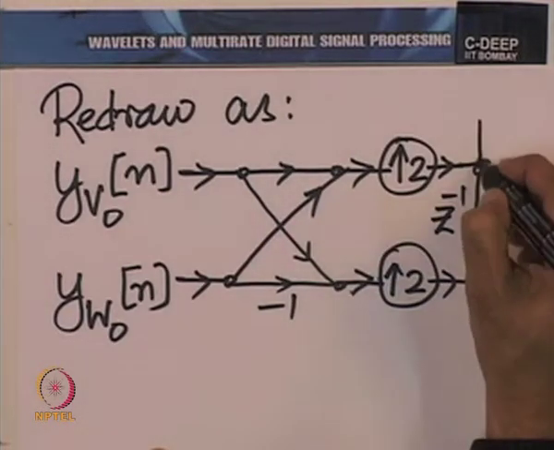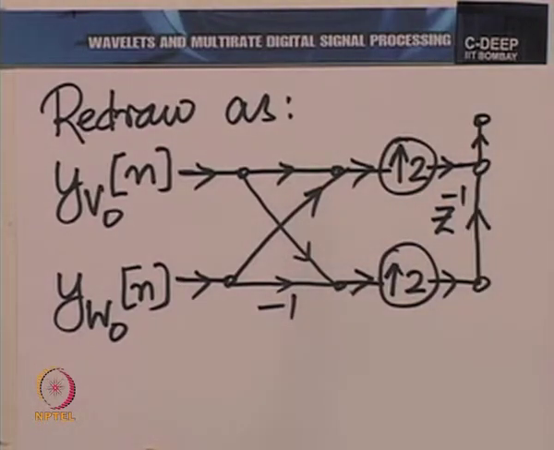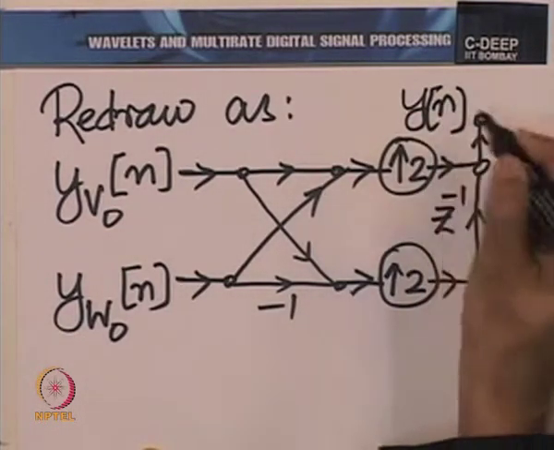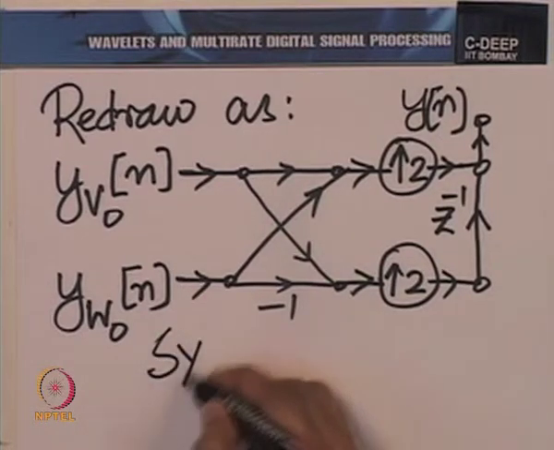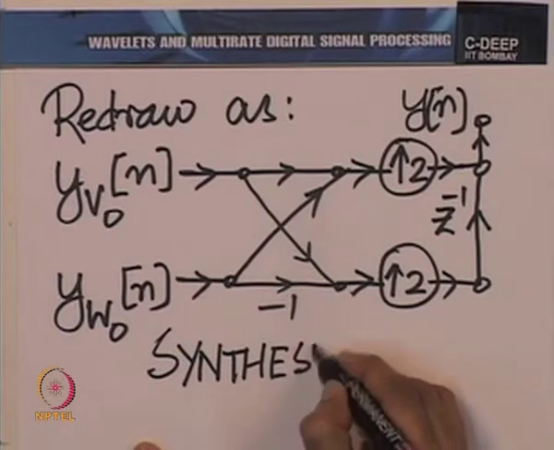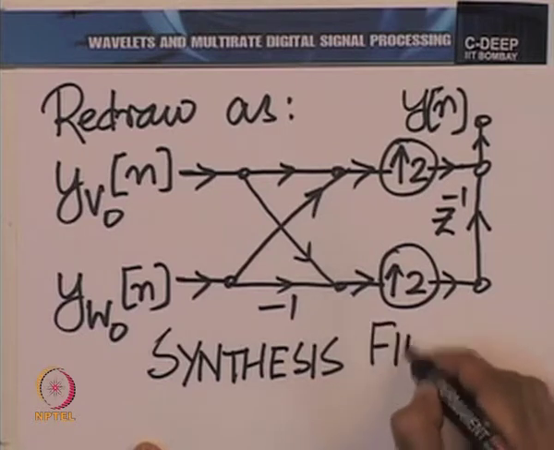And then you would have this together giving you the sequence that you desire, the sequence corresponding to y, which is y n. So, this is the synthesis, the synthesis process or the synthesis filter bank.